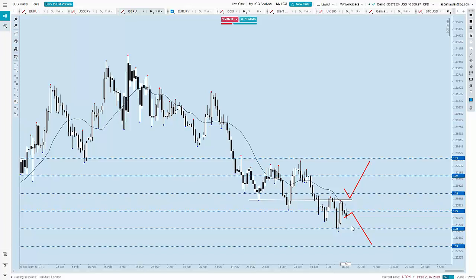If we can pop back above through what I'd call a sort of zone somewhere in here, if we can pop it back above this zone below 126, dip back into it and then hold, that opens up a move back up through to 128 and these previous peaks through here.